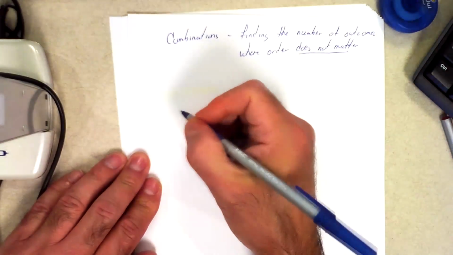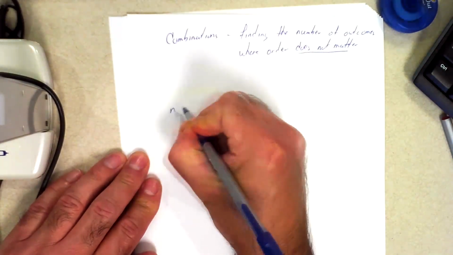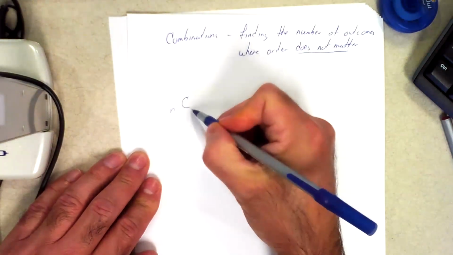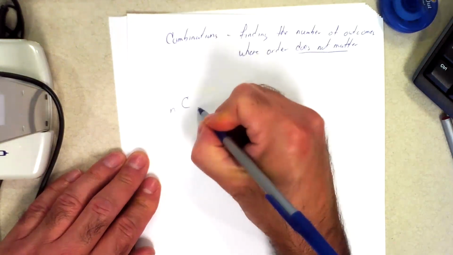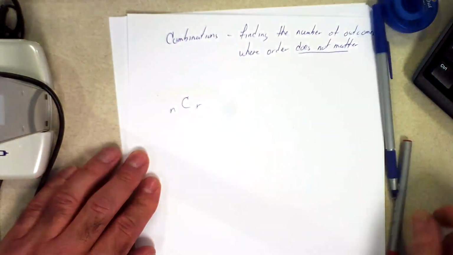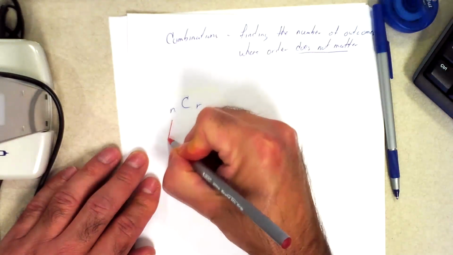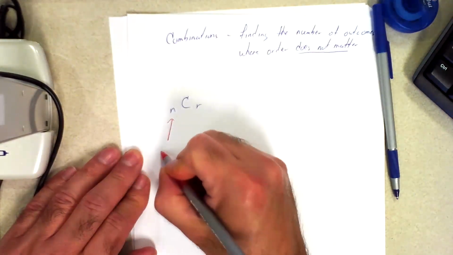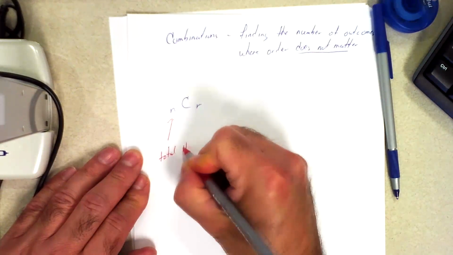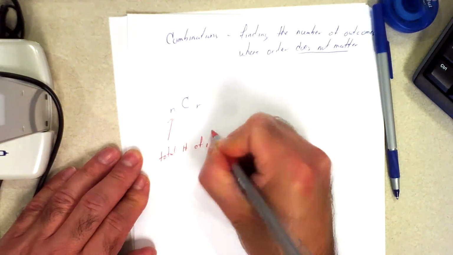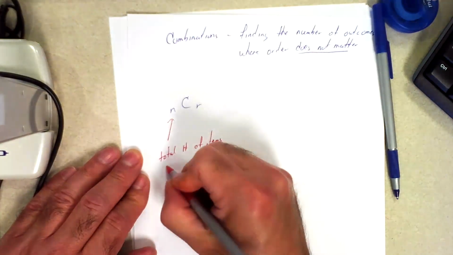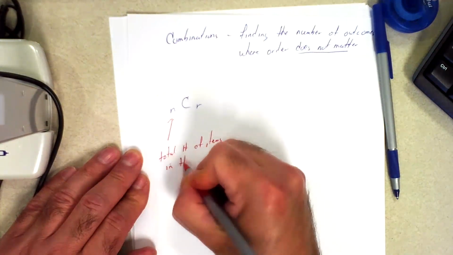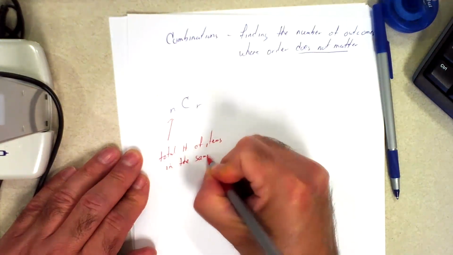All right, for the symbol, you have a capital C instead of a P. You have the N and you have your R. N, again, is the total number of items in the sample space.